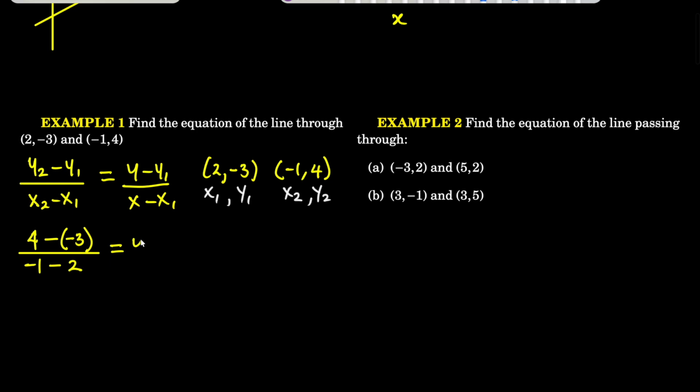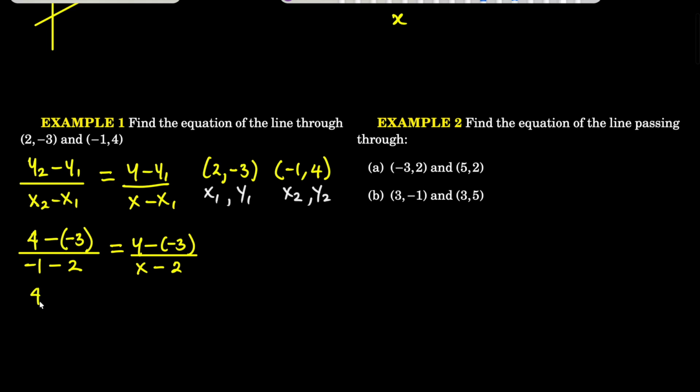This equals y minus y1 again, that is minus 3, over x minus x1, which is 2. Now, there are two negatives here. That makes it positive.